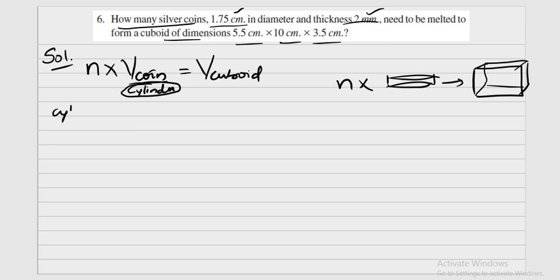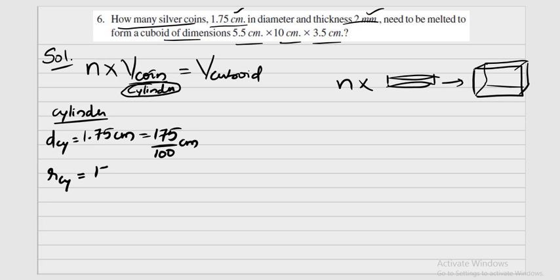First we are going to talk about the values of the cylinder. The diameter of the cylinder is 1.75 centimeters, which I can write as 175 by 100 centimeters. From this I can obtain the radius, which I can write as 175 by 200 centimeters, because I need to divide by 2.